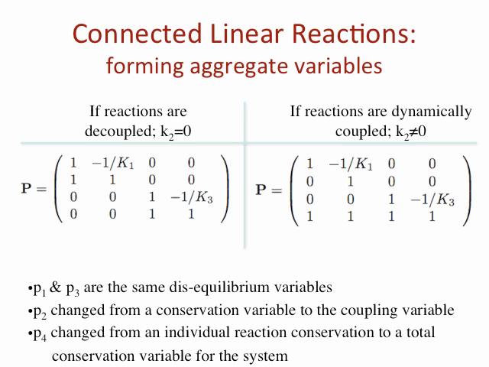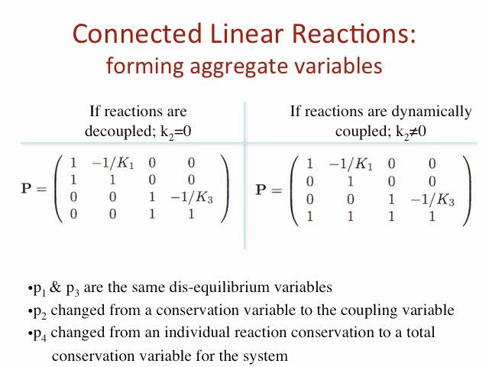So in trying to form pools for this system, I have in this case chosen P1 and P3 as being disequilibrium variables associated with the two reversible reactions in here. I have chosen P2 to be the coupling variable because it drives the second reaction.